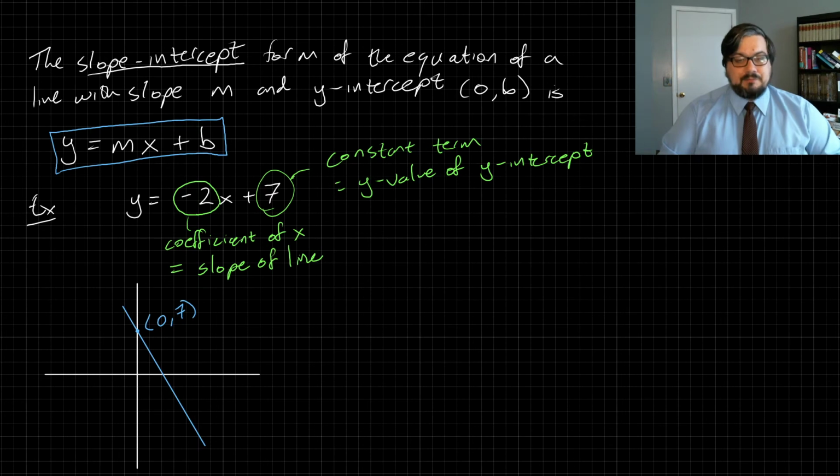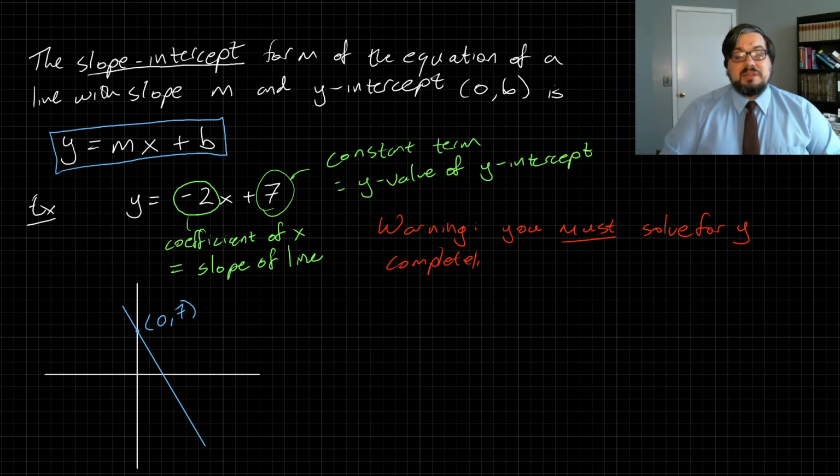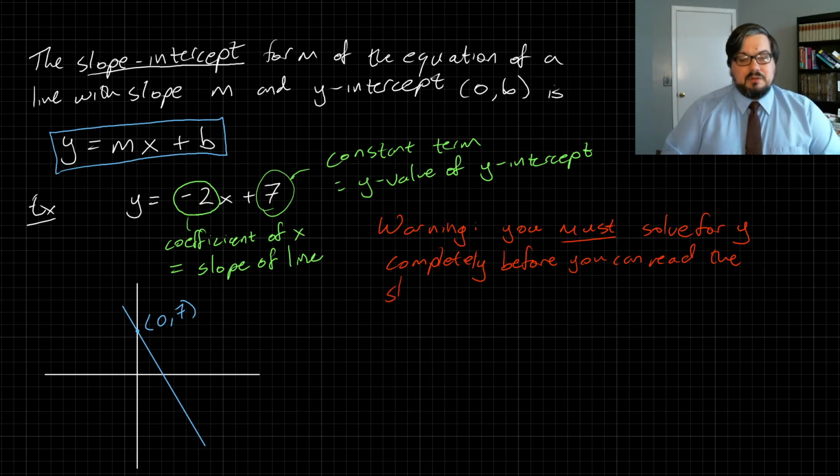A warning. You must solve for y completely, meaning it has to just be y on the left-hand side of your equation before you can read the slope and y-intercept from the equation.